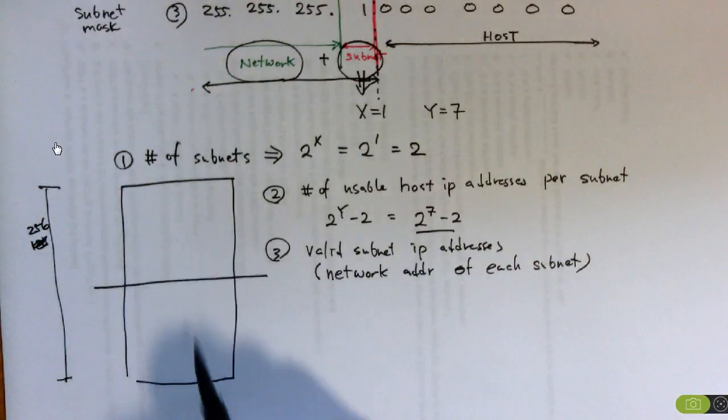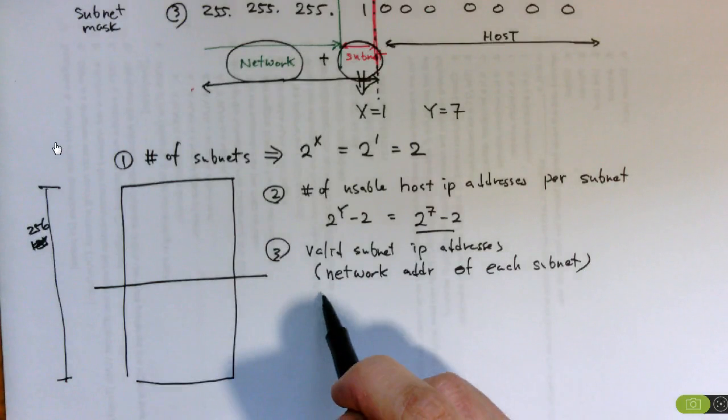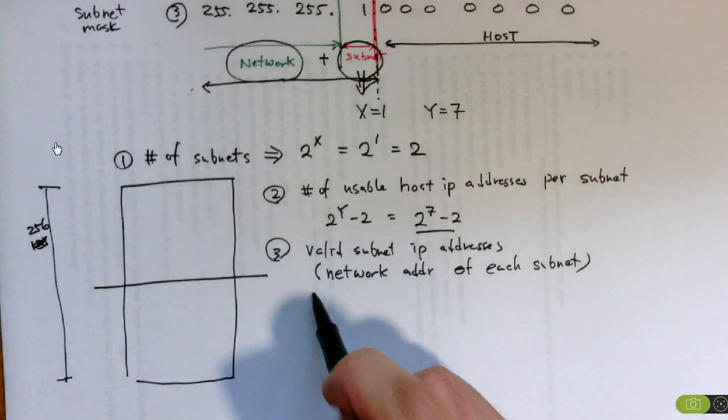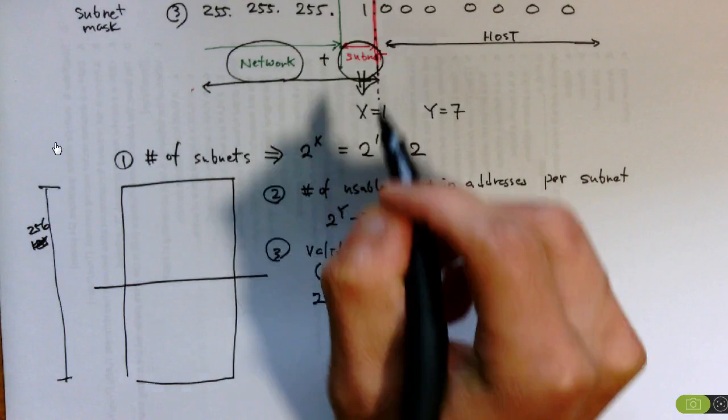The formula that I introduced in the last lecture is 256 minus the subnet mask.